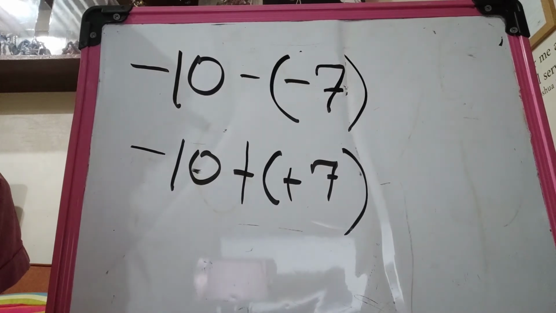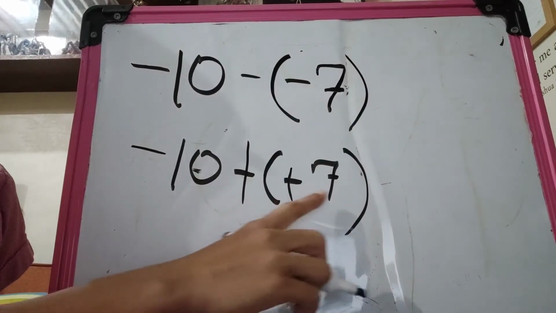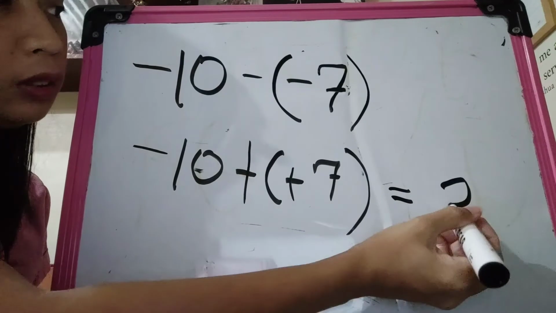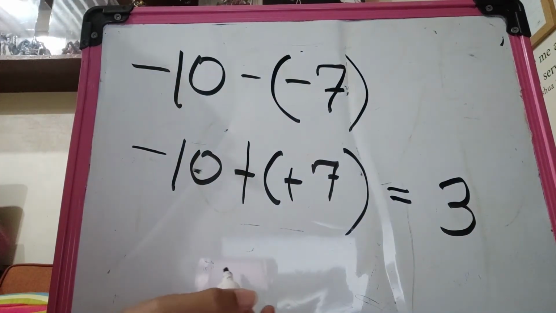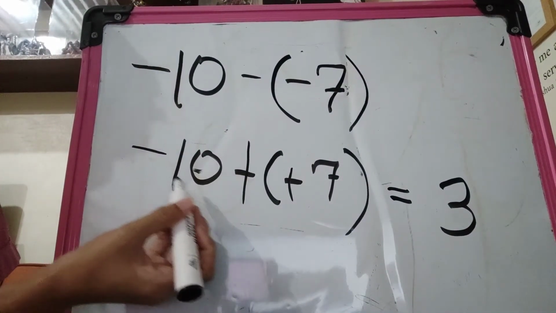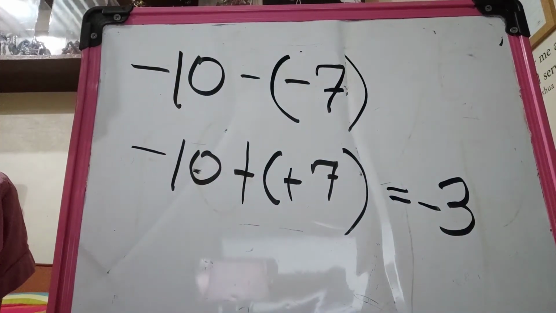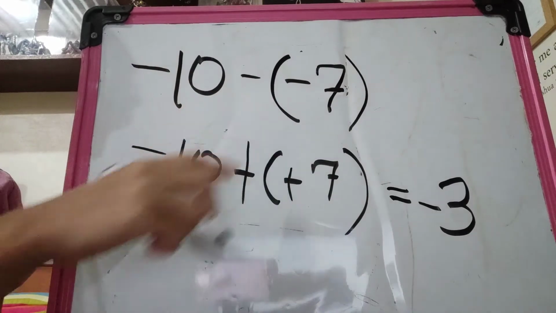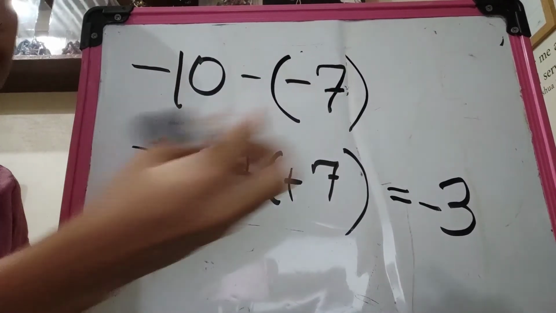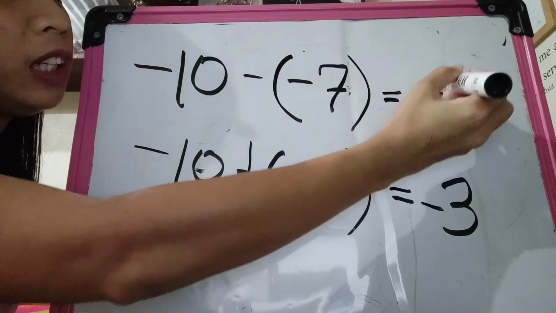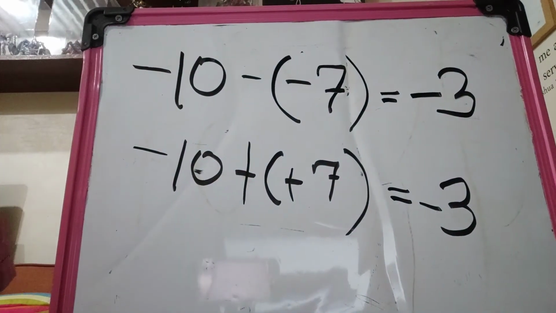Therefore, we have to subtract them. 10 minus 7 is equal to 3. And the larger number is 10. And the sign is negative. So this will be negative 3. Therefore, negative 10 minus negative 7 is equal to negative 3.